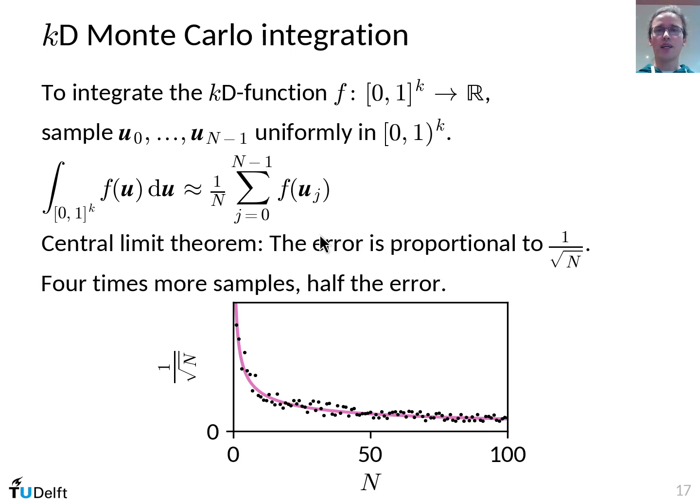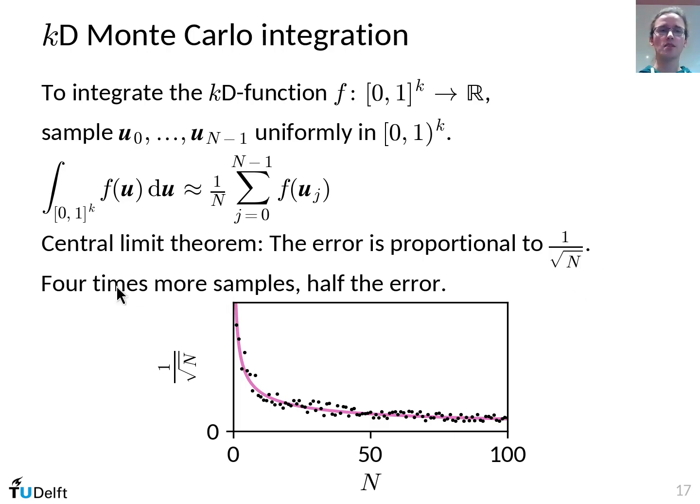And with that, we have an unbiased Monte Carlo estimate for this k-dimensional integral, and we can even say something about how this converges. There is the so-called central limit theorem in stochastics. This tells us that the error of this estimate will be proportional to 1 over square root of n.